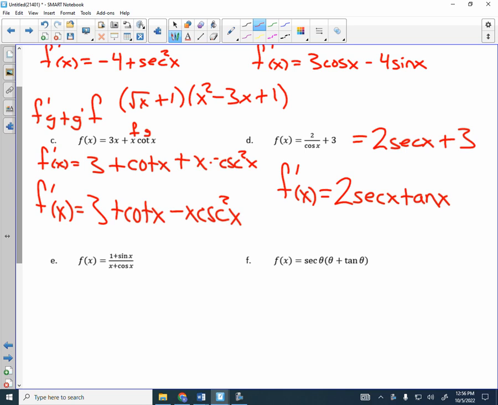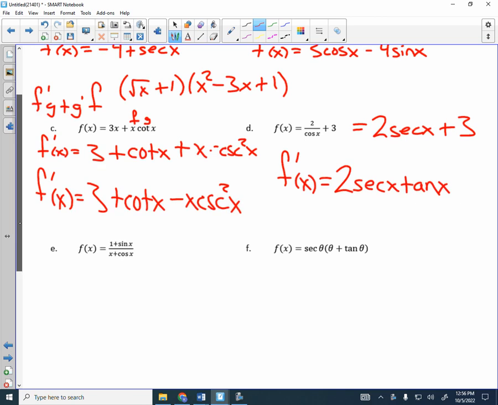The derivative of secant is secant tangent. You will get an answer that doesn't look the same, but it is the same. Yeah, I would just rewrite it every time. That's what I would do.